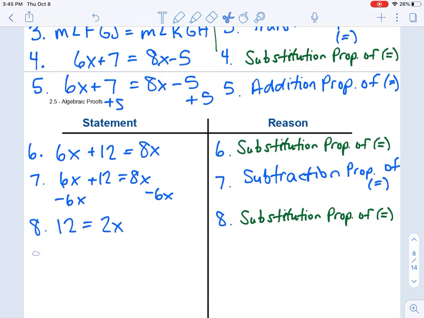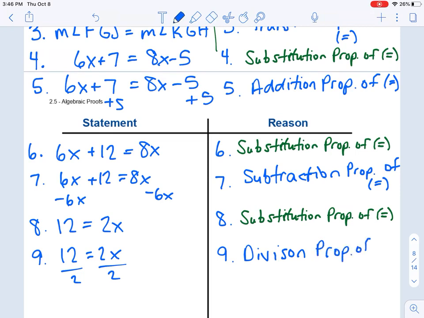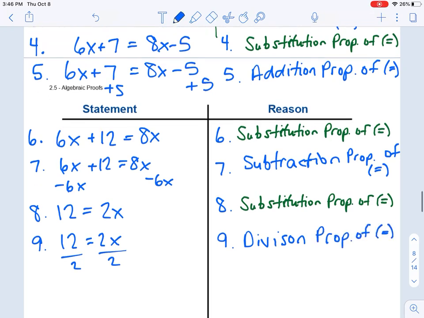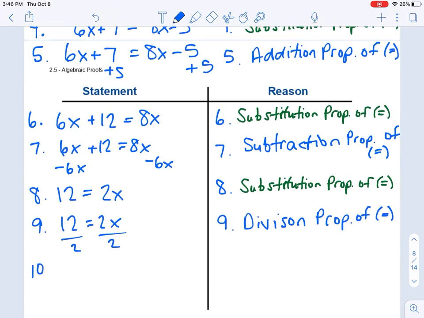And then I can use my division property to go ahead and divide. So that's the division property of equality. Almost there, bet you noticed too. And we end up getting 6 equals x.